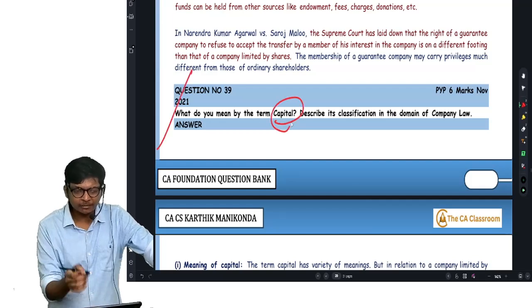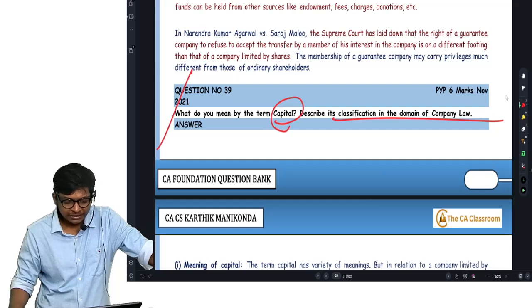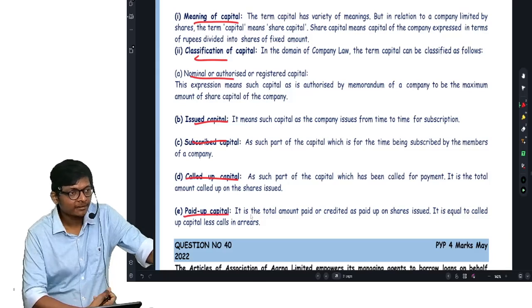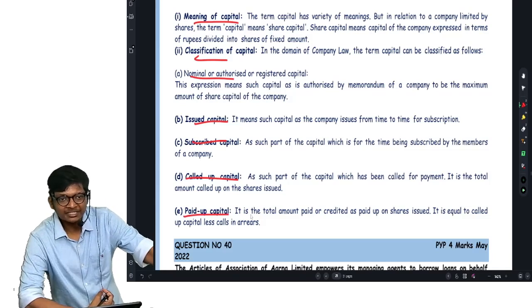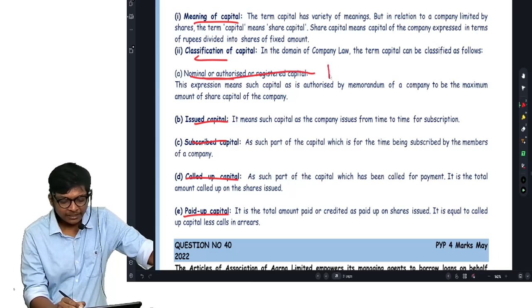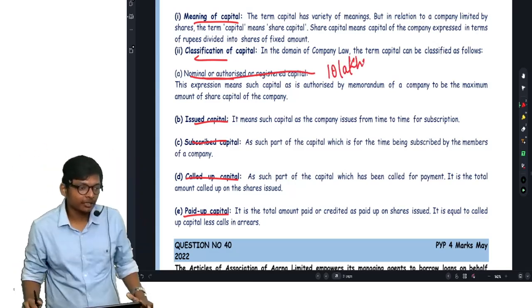What do you mean by the term capital? Capital classification: issued, subscribed, authorized, called up and paid up. All of you know these terms clearly. If you don't know, I'll quickly tell. Authorized share capital, let's say 10 lakhs, is the maximum capital a company can have.